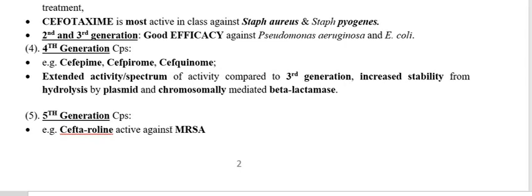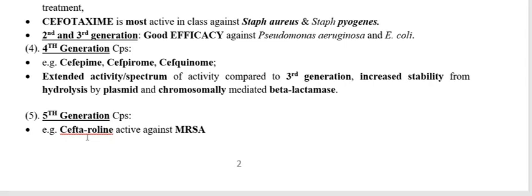All the generations from first to fourth usually do not show activity against methicillin resistant Staph aureus. However, the fifth generation cephalosporin, in which only one drug has been reported, was ceftaroline.